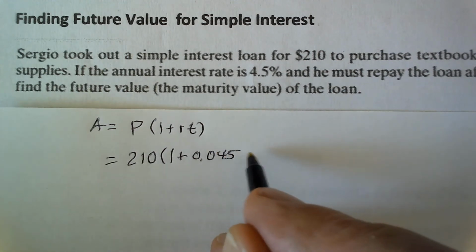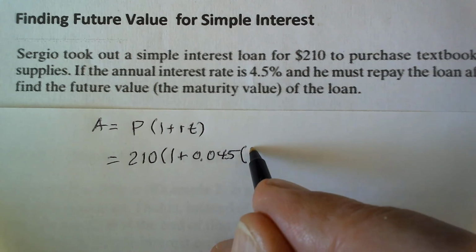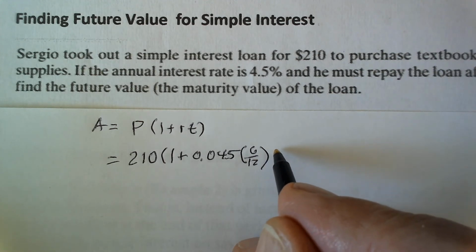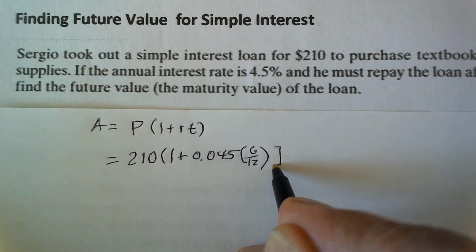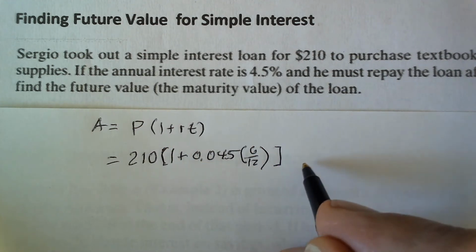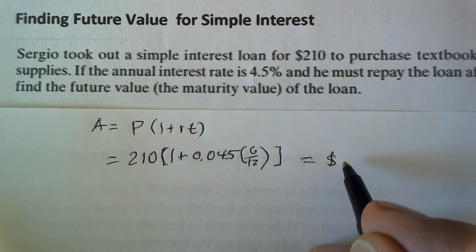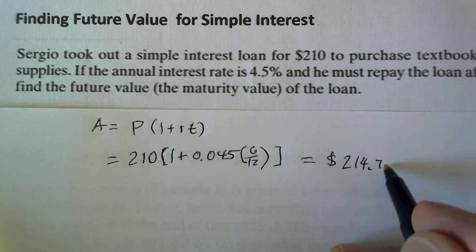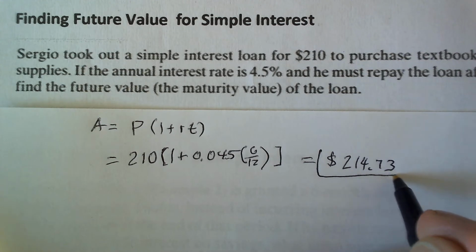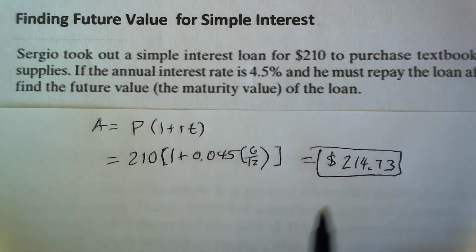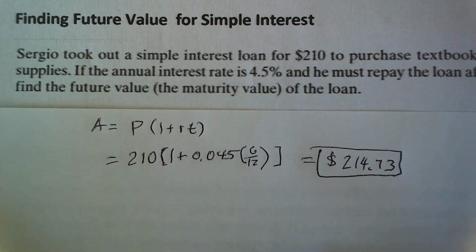And 6 months means it's 6/12 of a year, or 1/2 a year. And so we better use some brackets here. And so that is equal to $214.73. So that is the future value. In other words, that's what you will have to repay at the end of 6 months.